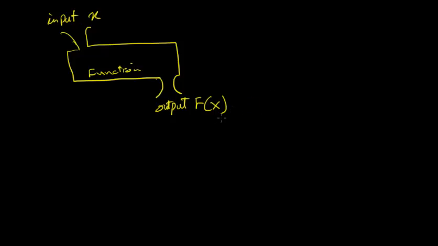The parentheses in f of x do not mean multiplication. Remember that. F is the function, or the machine. That's what it says. When x goes into the machine, it comes out as a y value, or f of x. So this is the same as saying y. So we put x in the machine, and you get y, or f of x.